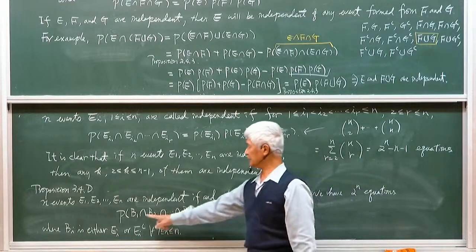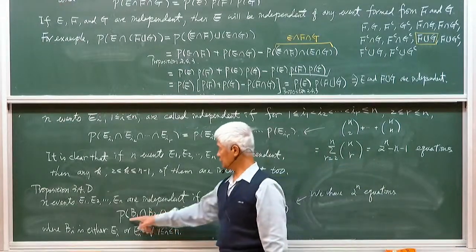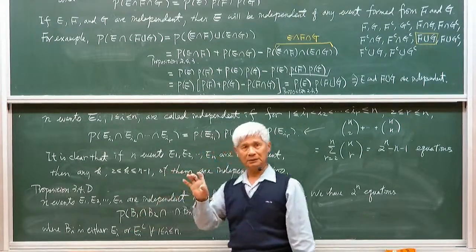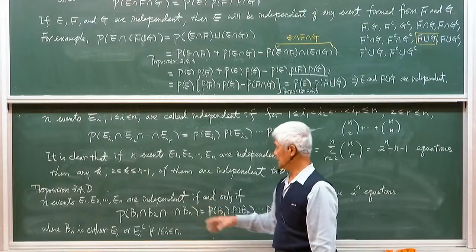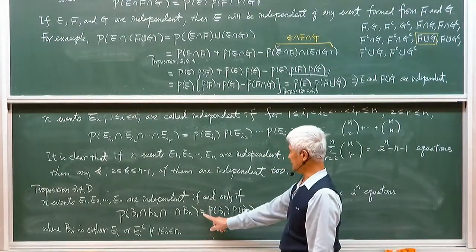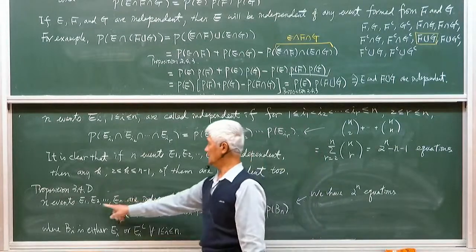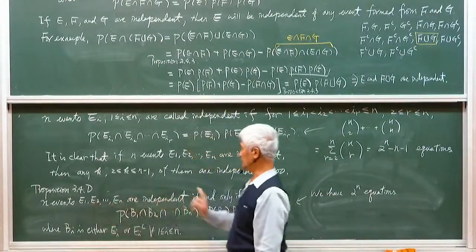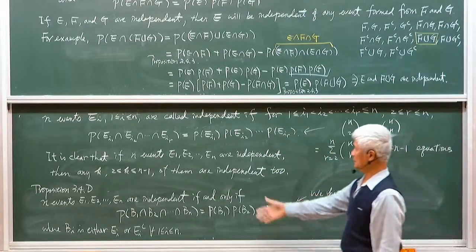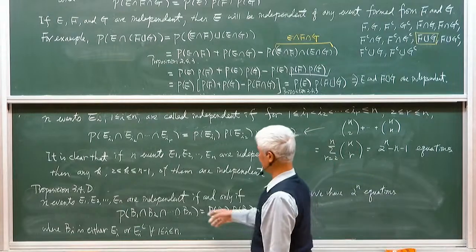Every time you take n events, each event is either Ei or Ei complement. If we can show this identity, then you are sure that the n events are independent. This is quite a nice proposition to have.